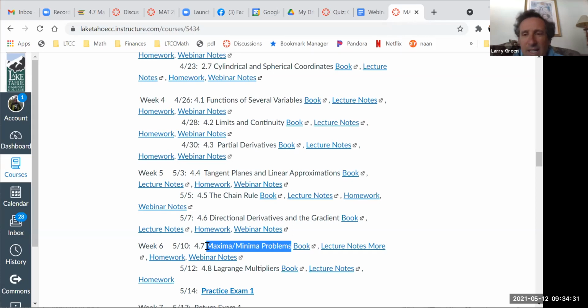Yeah, you take second partials. I like to say you take the determinant of the Hessian, which was f_xx f_yy minus f_xy squared. That's the determinant of the Hessian matrix. And then plug in. If you get a negative number for your D, what does that tell you? Yeah, then you have a saddle point.